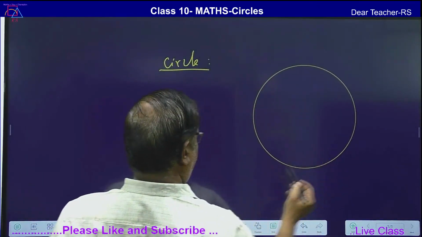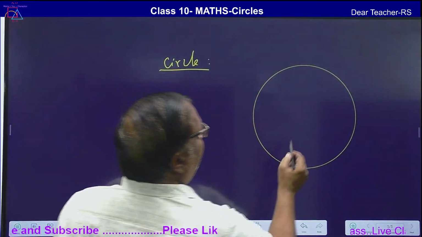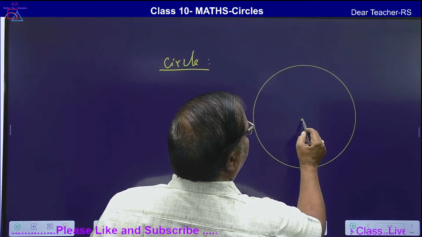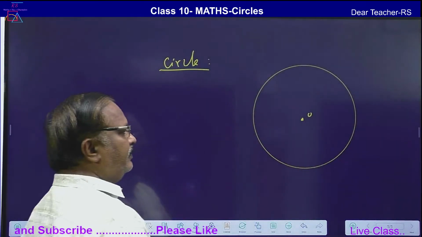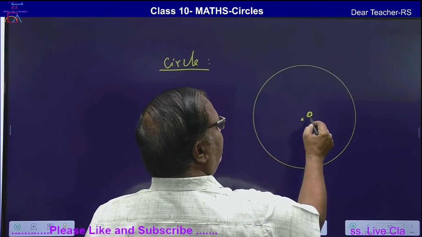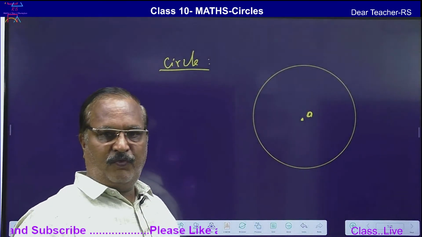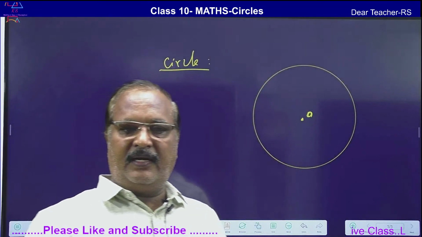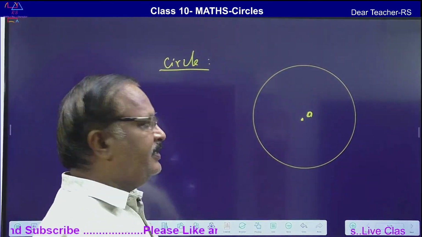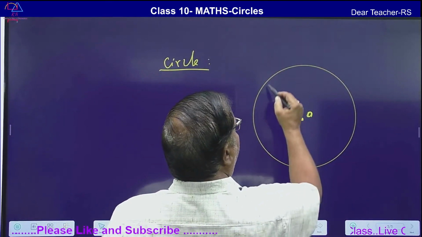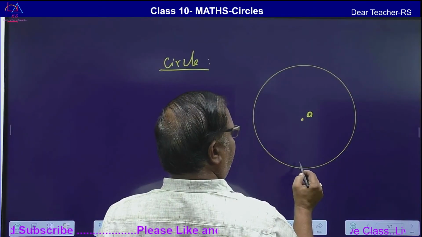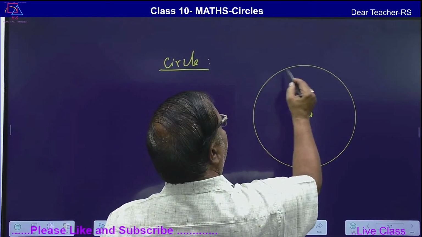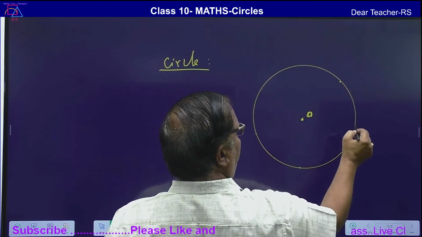So a circle will be like this, and in between, the center of the circle will be there. Let us name it as O. O is the center. There are so many points on the circle. I will take only a few points.